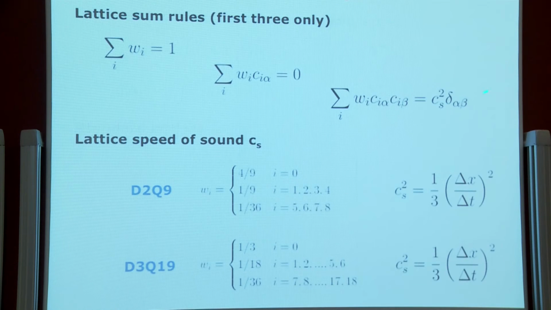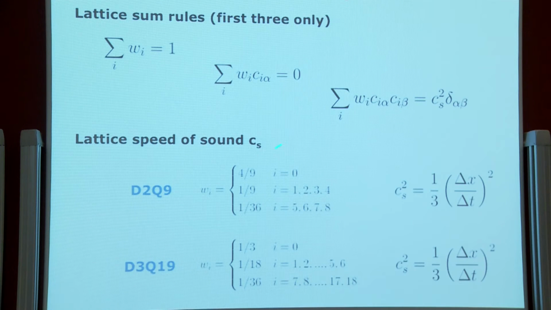And then you have a third condition that is related to taking the product of components of the velocity vectors, and then this product should be 0 if you are not on the diagonal of this tensor, and it should be equal to a number that is the same for the 3 dimensions along the diagonal, and this number here is the speed of sound square for your lattice model.